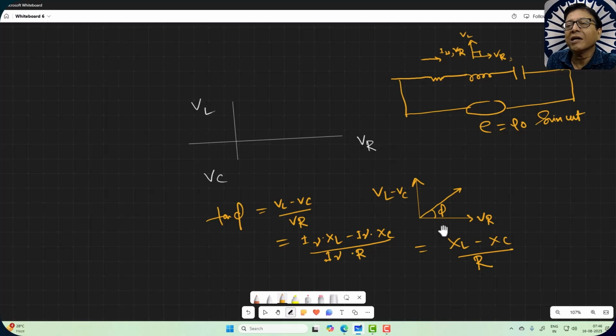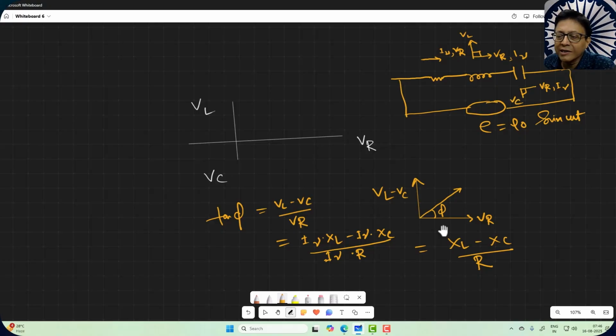I and VR are taken along the x-axis only. For the capacitor, the current leads EMF. So if this is the direction of current, that is VR or I or Im, whatever, then this is going to be the direction of VC. This is all you know.